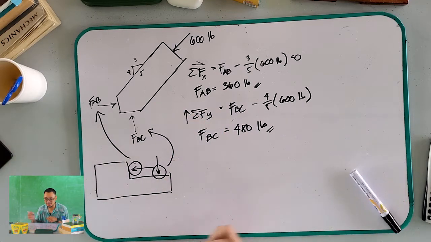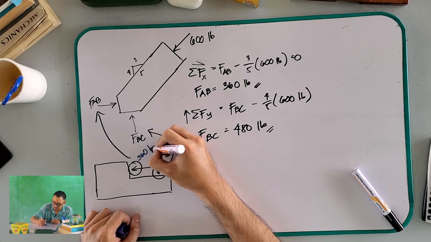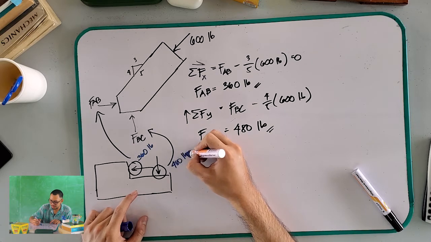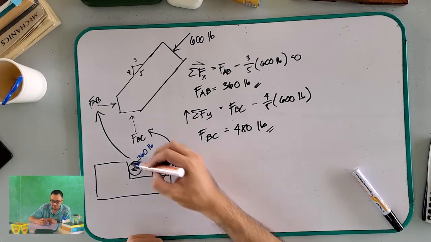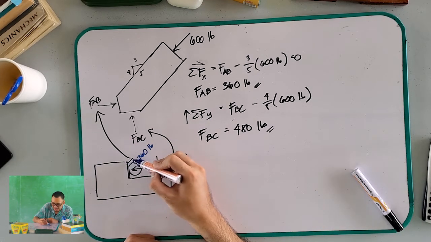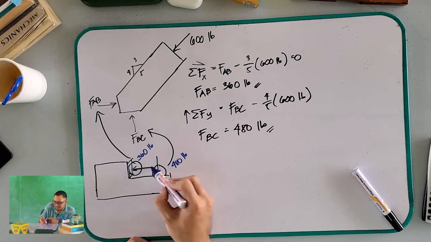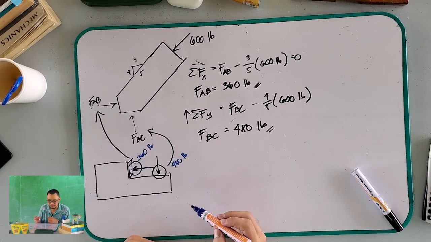So we place them directly: AB is 360 pounds and BC is 480 pounds. For the normal stress, this is your force and this is the area it hits.